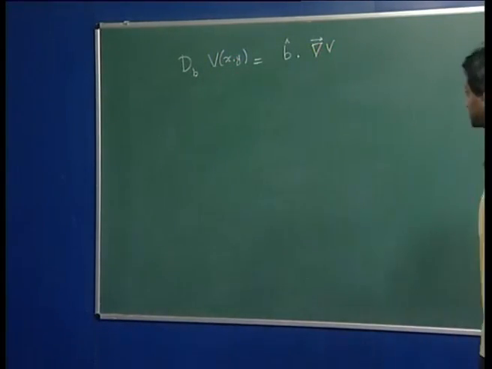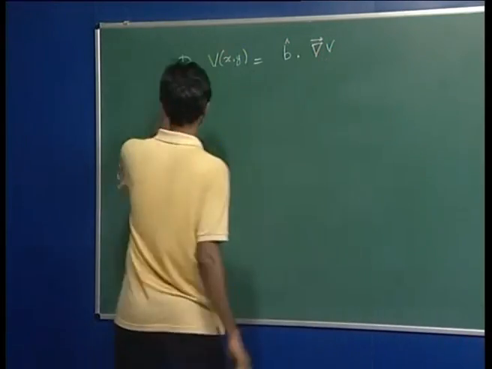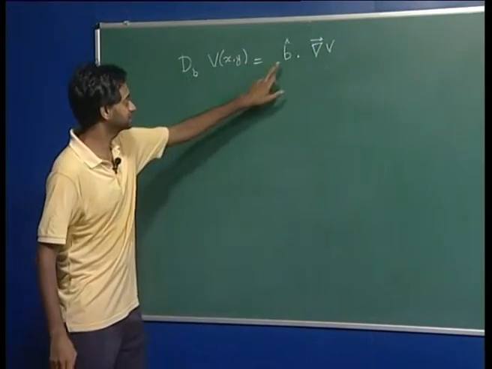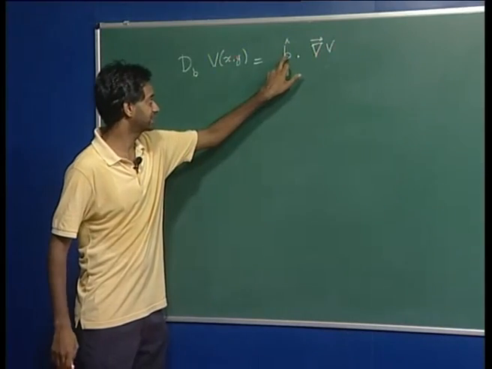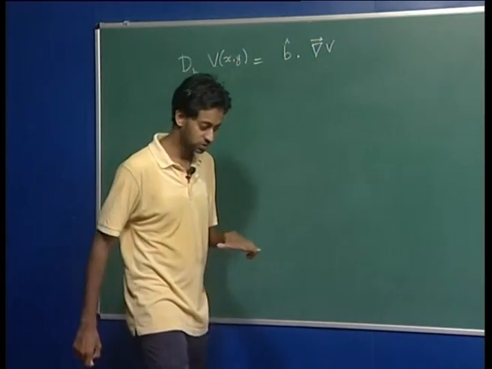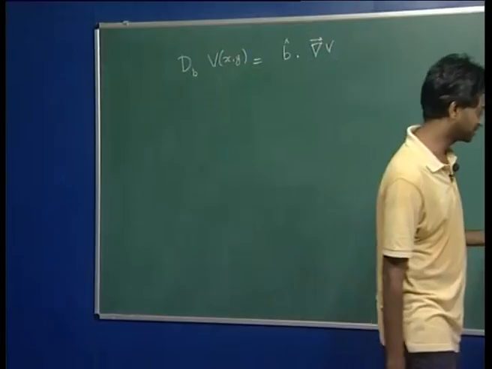If I want to find the directional derivative along any direction, I just take a dot product of a unit vector in that direction with the gradient. You can imagine how this is a very useful quantity.